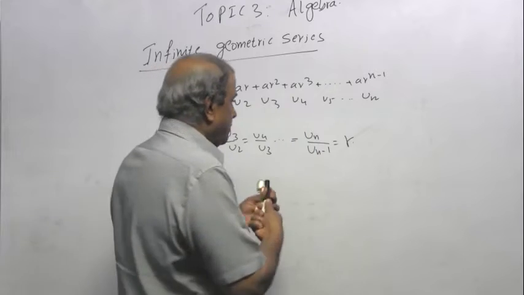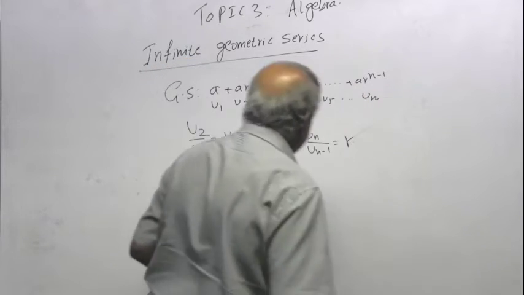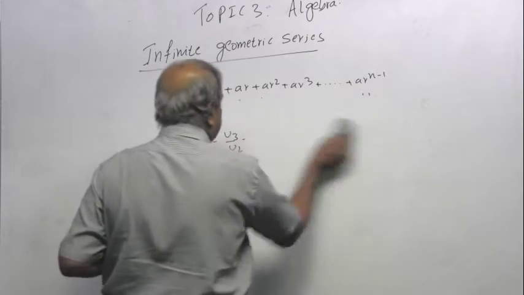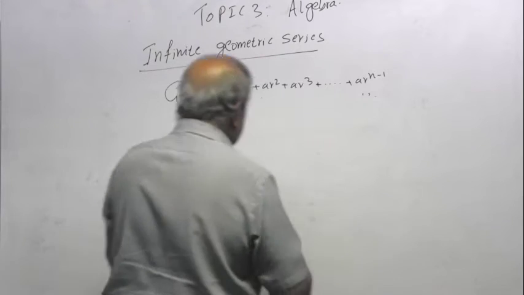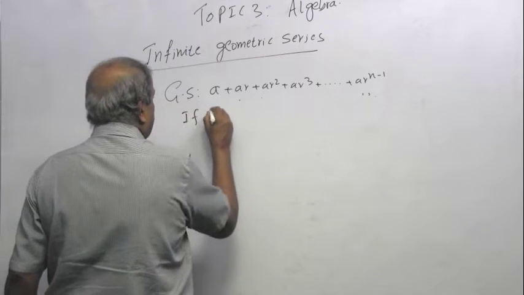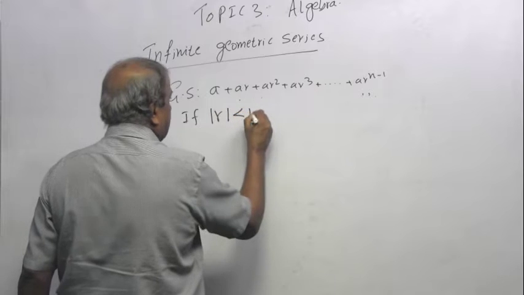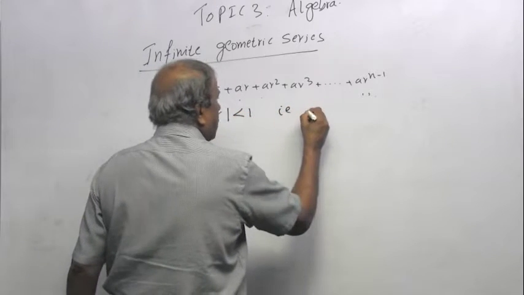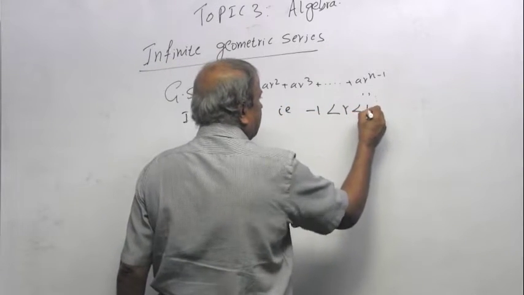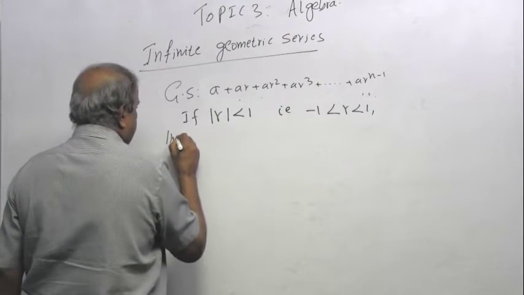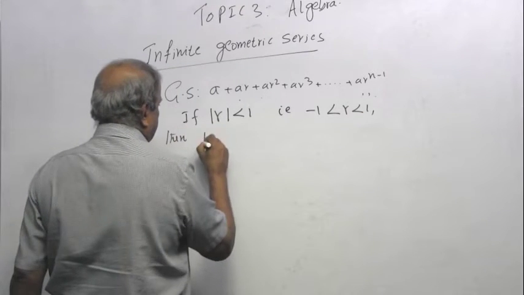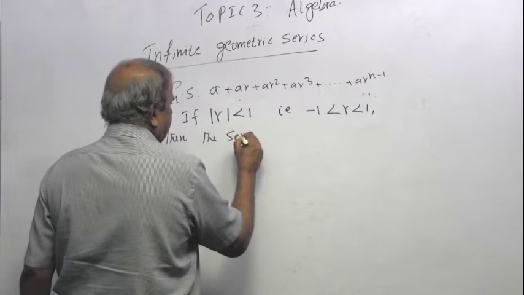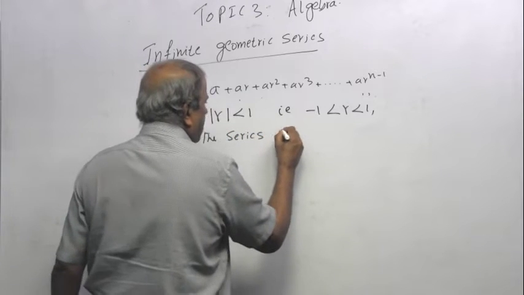So if we use the condition, if the modulus of r is less than 1, that is -1 less than r less than 1, then the series is said to converge.